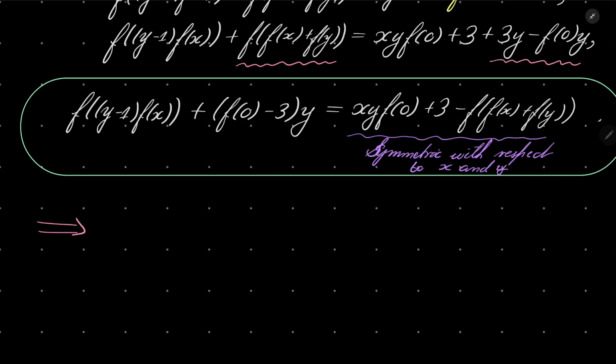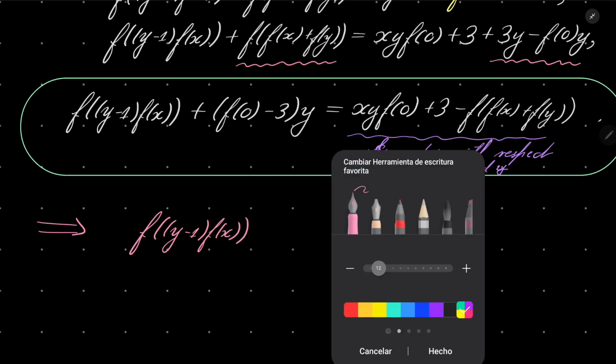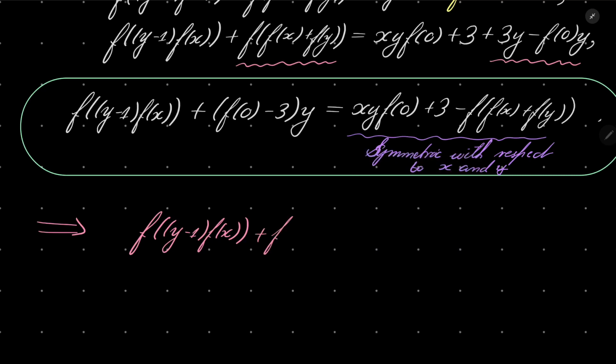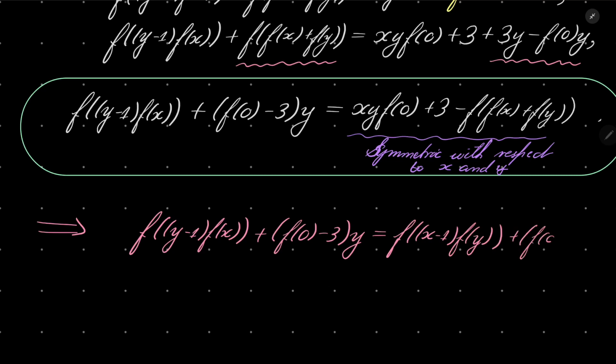So that implies that f of ((y minus 1) times f of x) plus (f of 0 minus 3) times y equals f of ((x minus 1) times f of y) plus (f of 0 minus 3) times x.